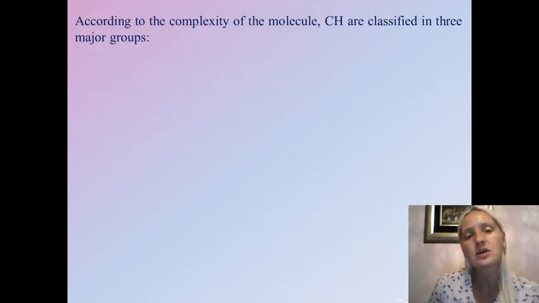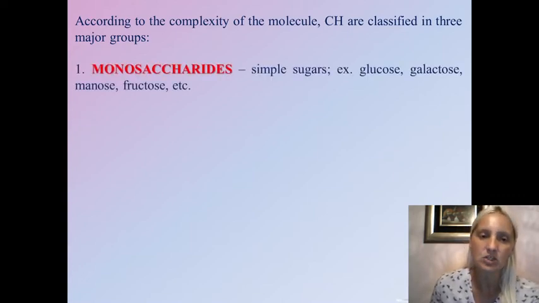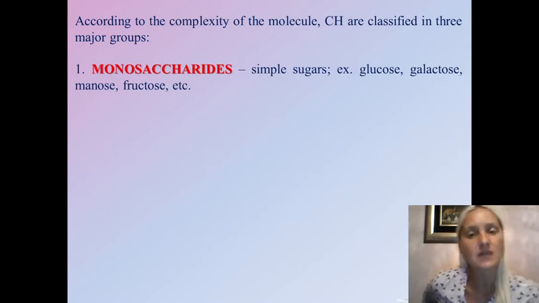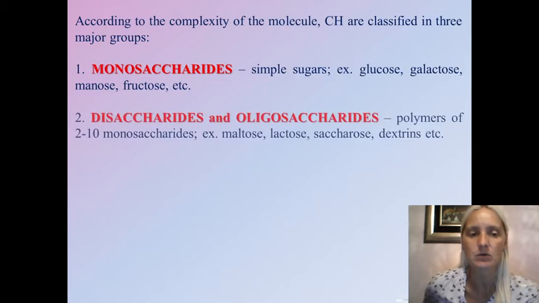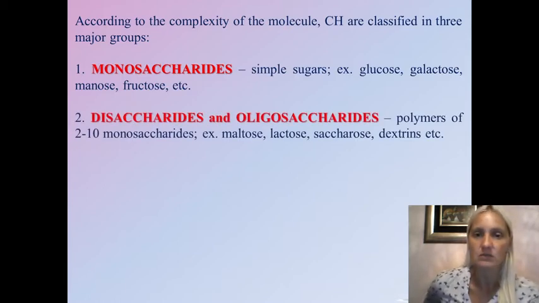According to the complexity of the molecule, carbs are classified in three major groups. The first are simple sugars called monosaccharides, for example glucose, galactose, mannose, fructose, and so on. They cannot be hydrolyzed to produce more simple compounds.